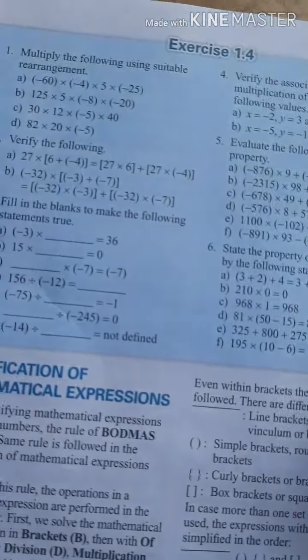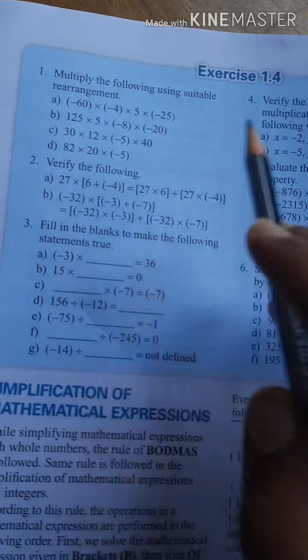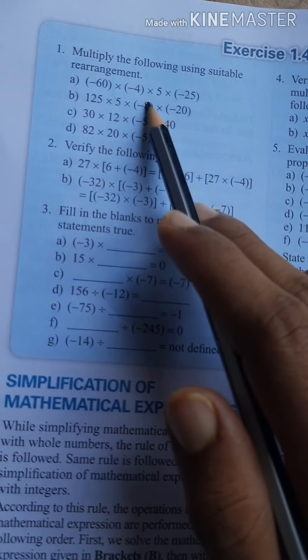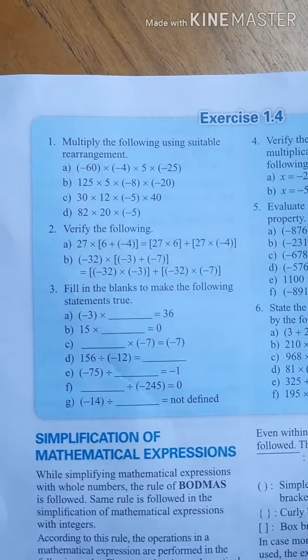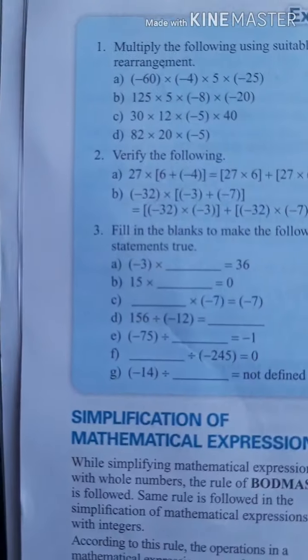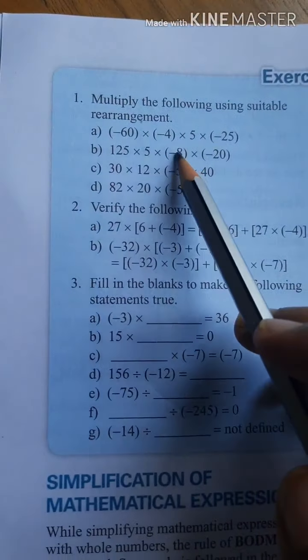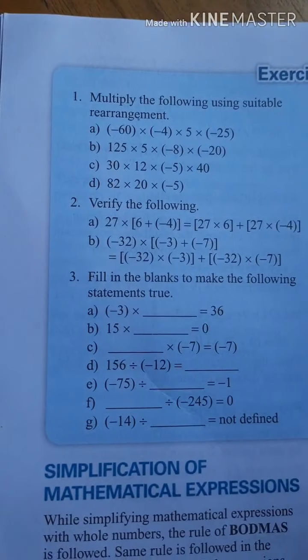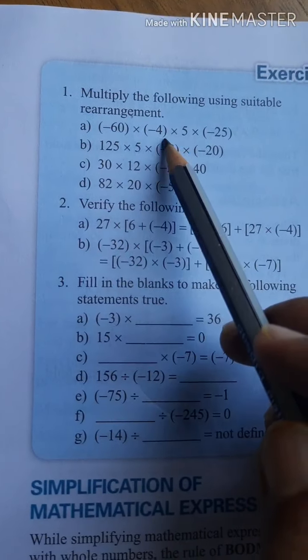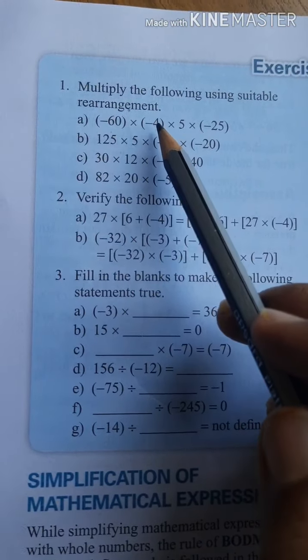These are the exercise sums. First, multiply the following using suitable rearrangement. Suitable rearrangement means that if you multiply two numbers, you want to get 10, 100, 1000 like that. See here, if you multiply 16 by 40, it becomes 240.